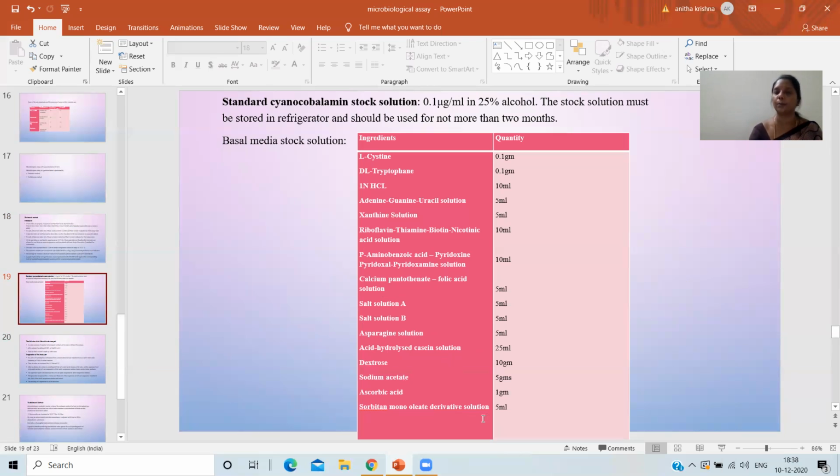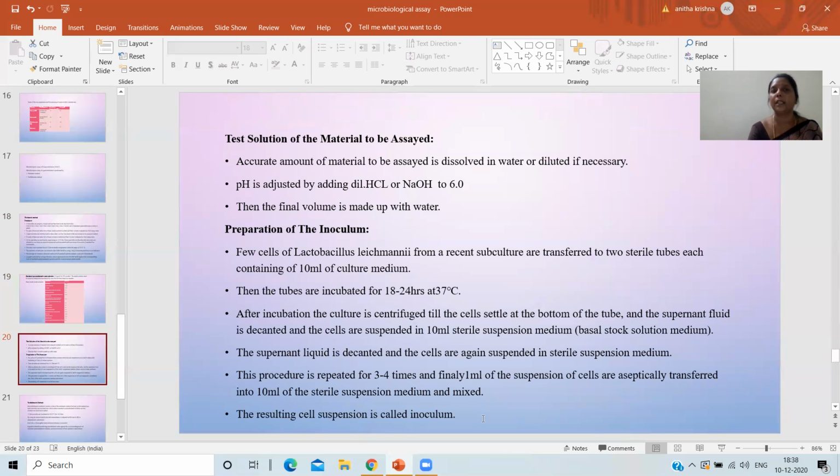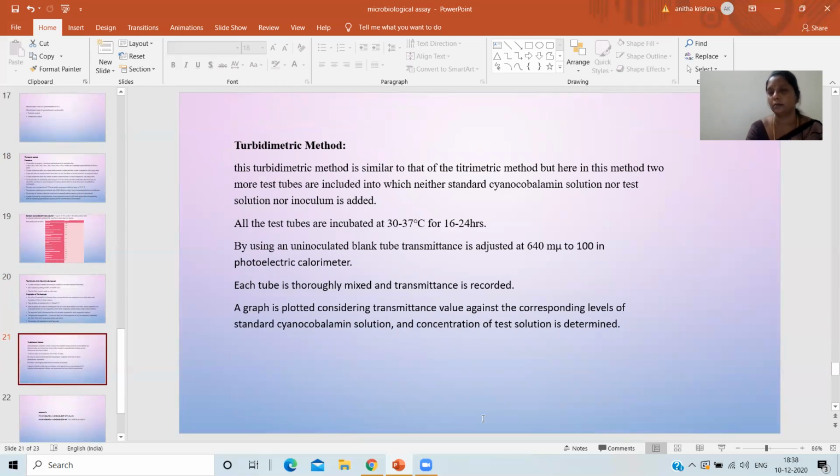All these are included to make your basal stock solution. We have already discussed how we make your test solutions and inoculum.